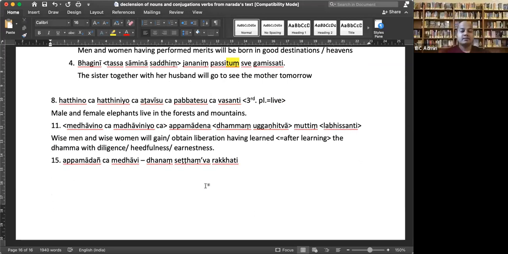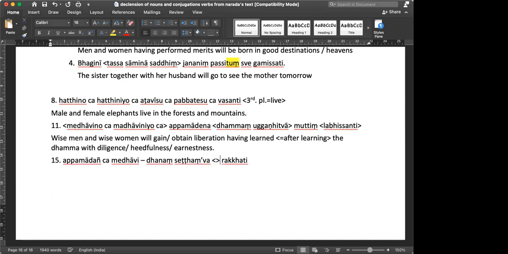Dhanang settang va. Settang va here means settang iva. You remember the word introduced in this text, iva.